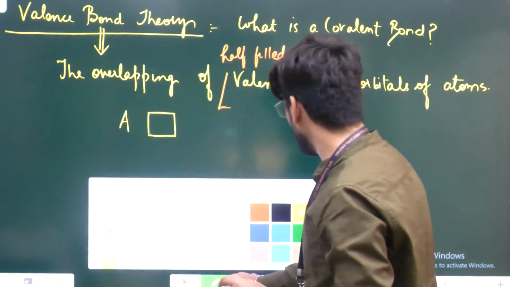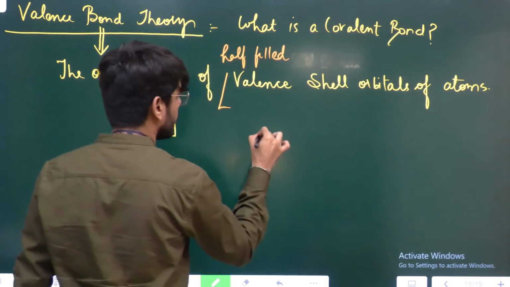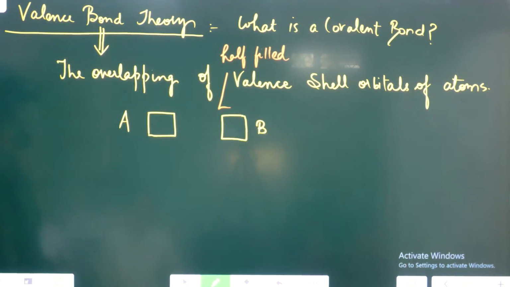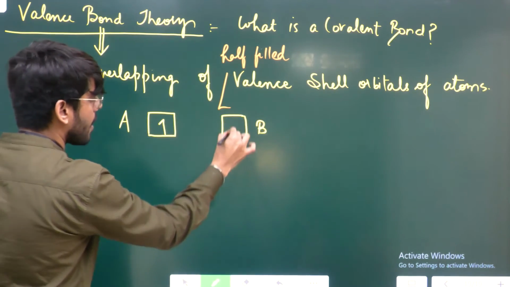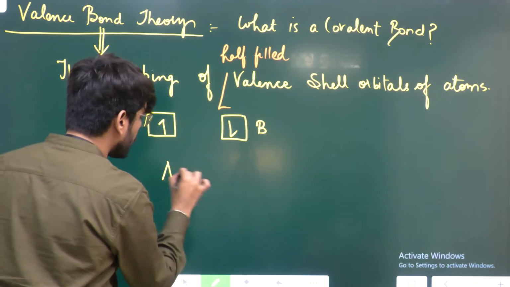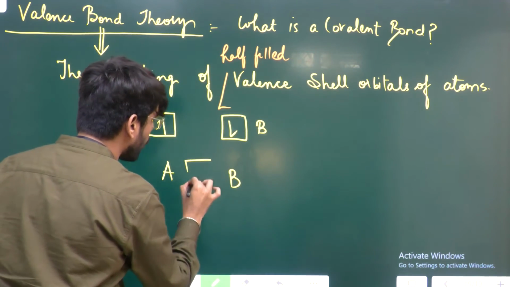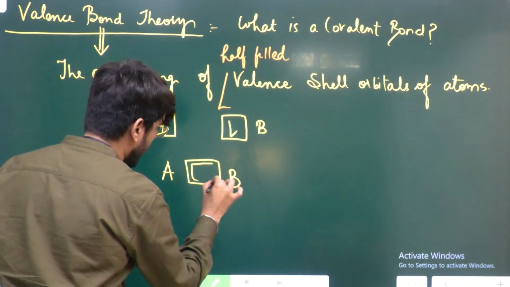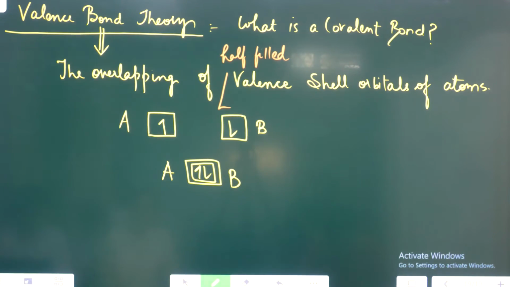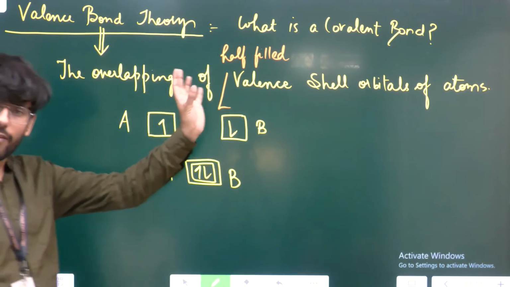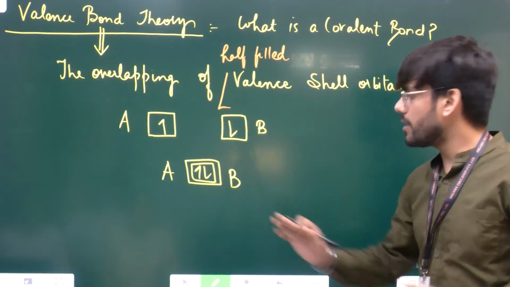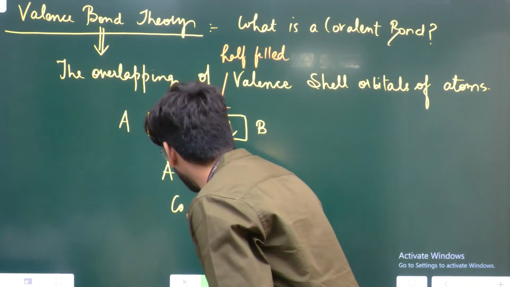So what it means? It means that suppose if I have two atoms A and B, दोनों के पास half filled atomic orbitals हैं, with opposite spins, ठीक है, मैं कंसीडर कर रहा हूँ. So अभी दोनों के बीच में बॉन्ड बन गया. कैसे? दोनों एटॉमिक ऑर्बिटल्स ओवरलैप कर गए तो मेरे पास एक बॉन्ड. Overlapping of half-filled valence shell atomic orbitals to form the bond. This is basically a covalent bond.